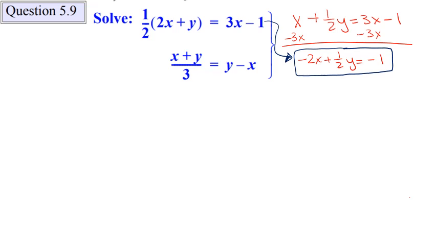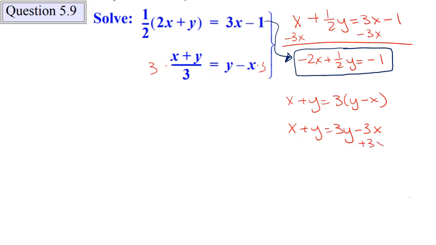So now the bottom equation, I'm going to multiply both sides by 3. And that will be x plus y equals 3 parentheses y minus x. Distribute the 3. And then I'm going to bring everything to the left side.